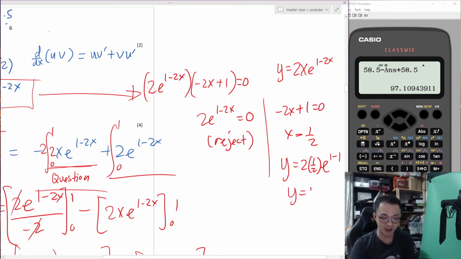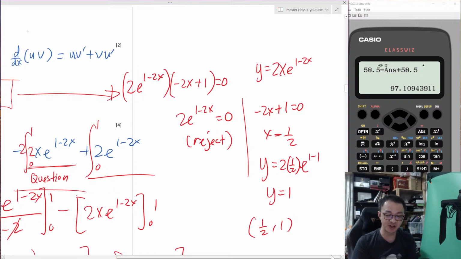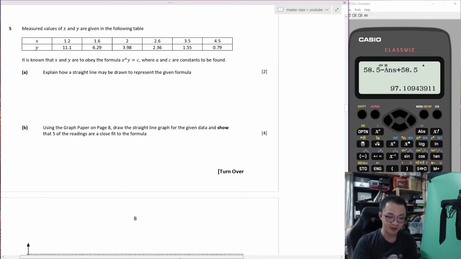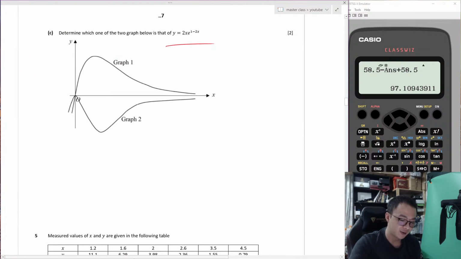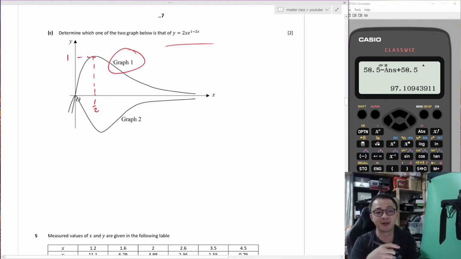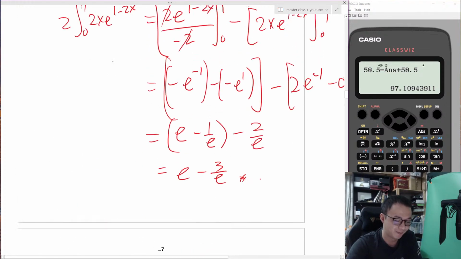So my y is 1. So basically I will have a coordinate of half and 1. This is the stationary point. Then I look back to the graph here. I want to get half and 1 here. So I believe it is this one. Therefore, I will choose graph number 1 here. Graph 1, because the result of the first part is possible.